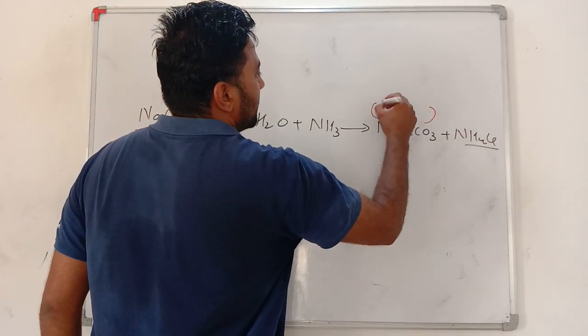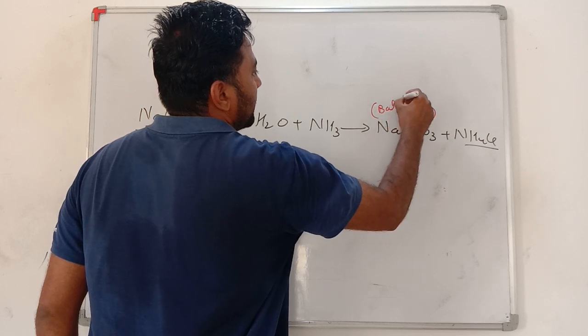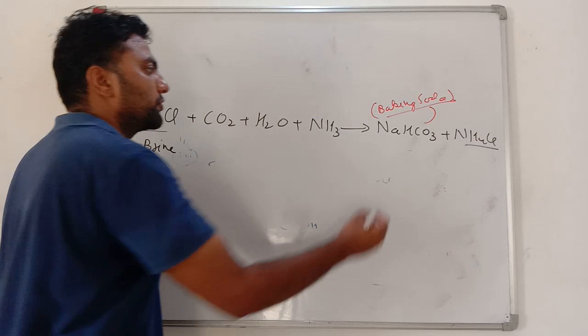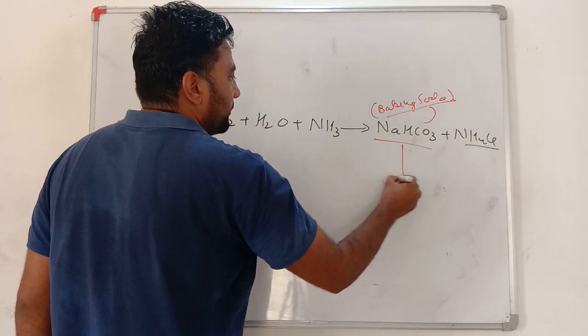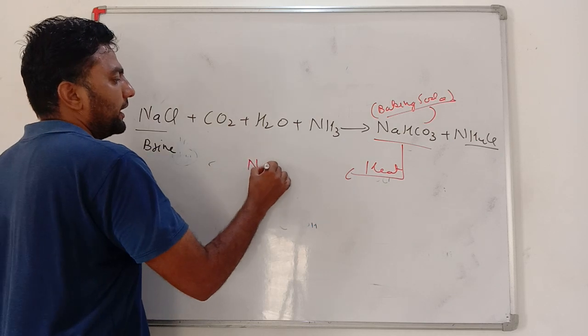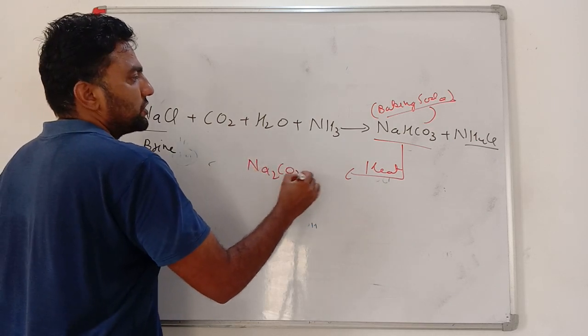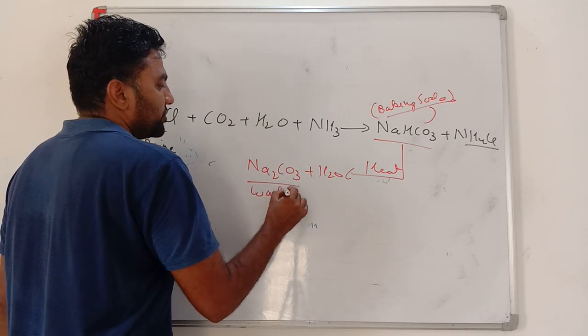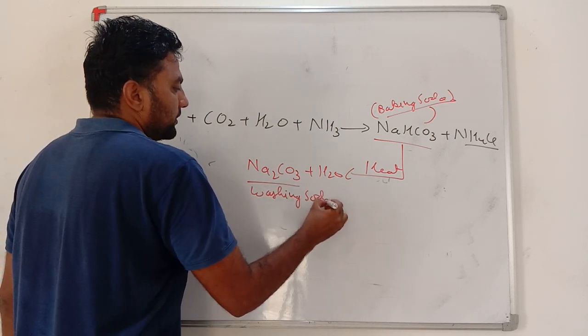This is baking soda. And if we heat this baking soda, we get Na2CO3 plus H2O plus CO2. This is washing soda.